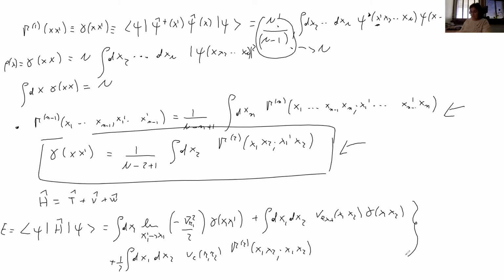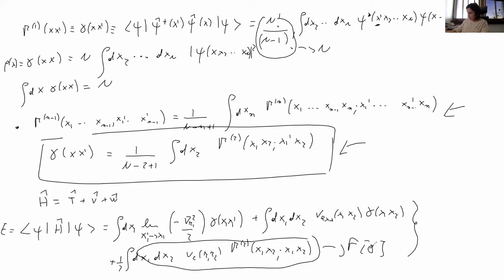What is instead simpler are the conditions for gamma 1 to be N-representable, okay? So we have a choice. The choice is to have a very simple functional of gamma 2, but then it's difficult to apply the exact constraints for gamma 2 to be physical, or we have a functional of gamma 1 that is not completely clear, because we have to show that this quantity can be expressed as a functional of gamma 1, but for which we have a simpler condition for gamma 1 to be physical, okay?